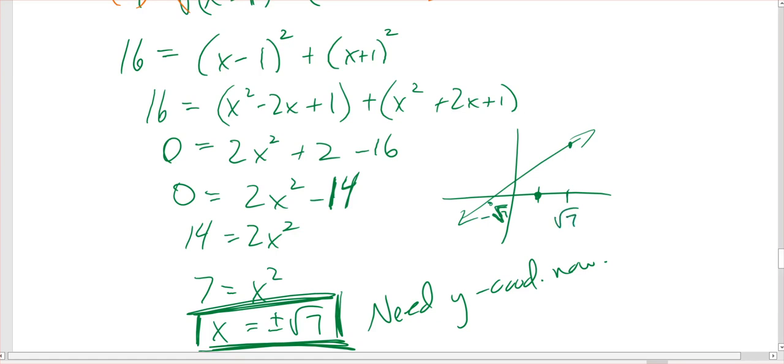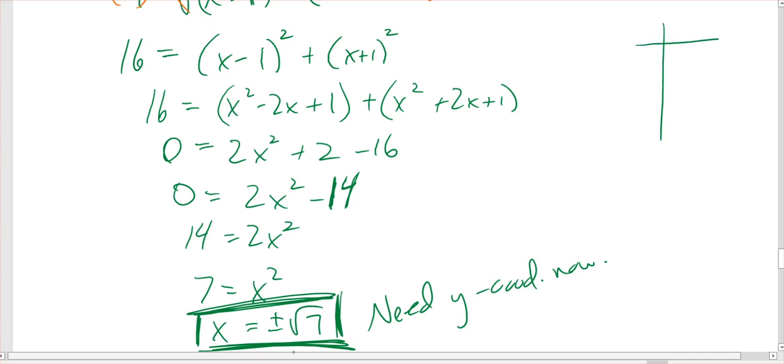So happy days, right? Now we just need the y values, and we can find the y values just like we had up above. We were taking our x and then our y. We just put square root of 7 in there, so we get square root of 7 plus 1. And we would have negative square root of 7 in there, so negative square root of 7 plus 1, right?